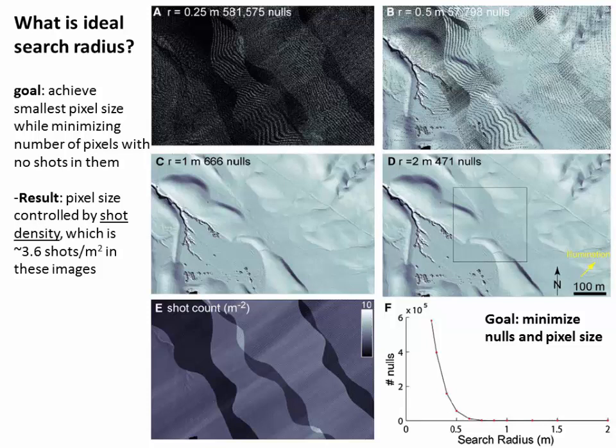However, if we have pixel sizes that are too small, we may end up with a lot of empty or null pixels, right? And so this experiment shows LiDAR data that had an initial shot density of about 3.6 shots per meter squared. Okay, so each meter squared had 3.6 laser shots on average.